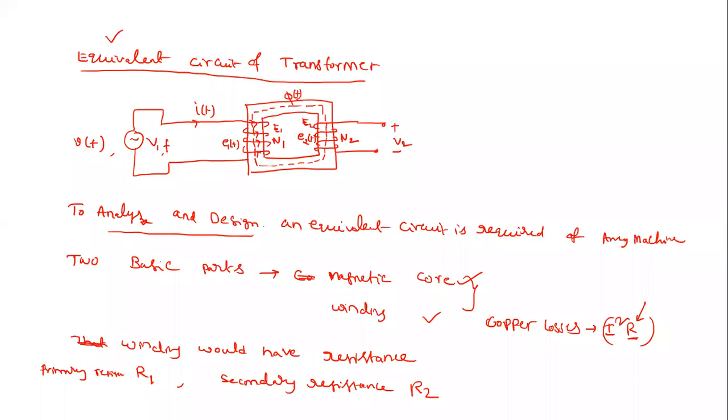Now I would like to move to the next one. I want to redraw the diagram, since there is a resistance in the transformer. Again the same winding; the winding resistance I am drawing separately.